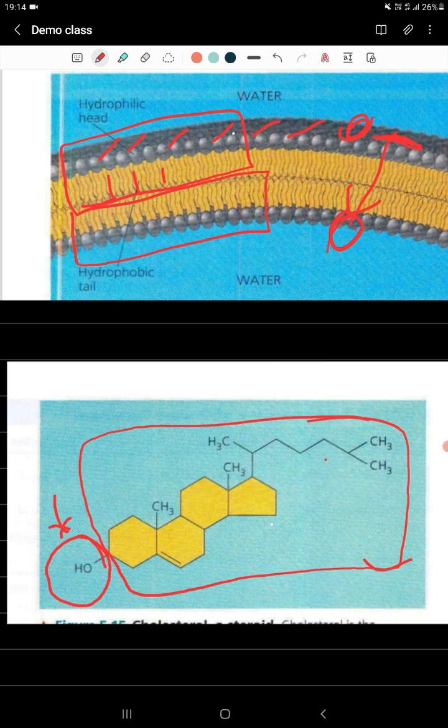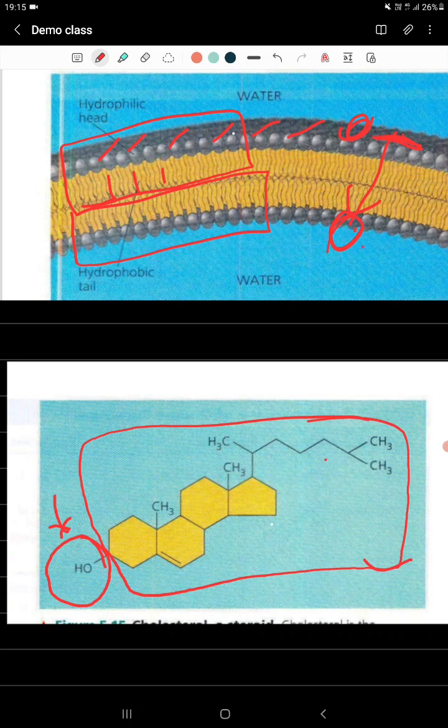Now what happens when the temperature rises? The first thing that will happen is that the cholesterol molecules present on the top surface take up this energy and try to cross the bilayer, which was an energy-intensive state, to come to the inner surface. In this way it is utilizing energy and moving from one end to another.